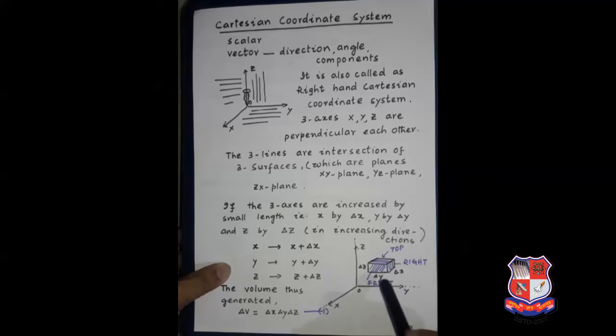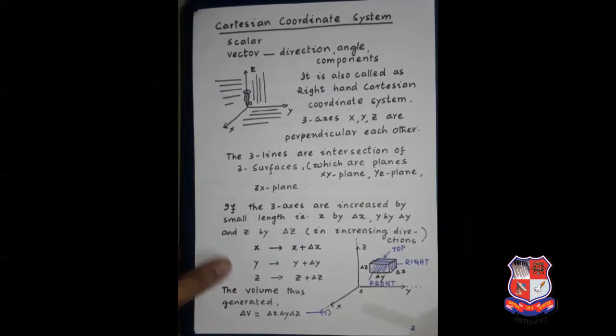Because of this increment in all these three directions, a small volume will be generated. That you can see in the figure. If you see this small volume, how many sides will it have? There will be 6 faces, and this is the front. Then similarly back, this is the right side, left side, top and bottom.